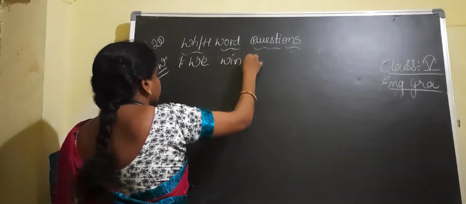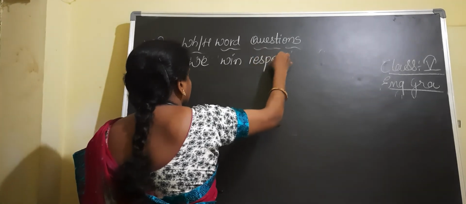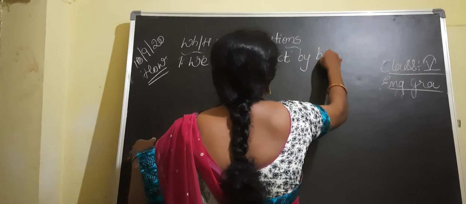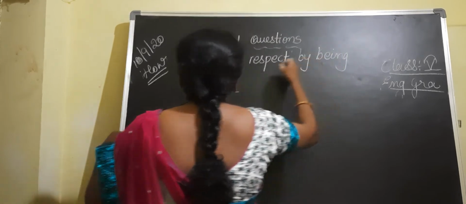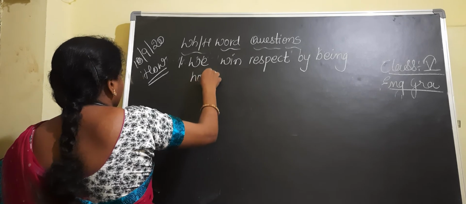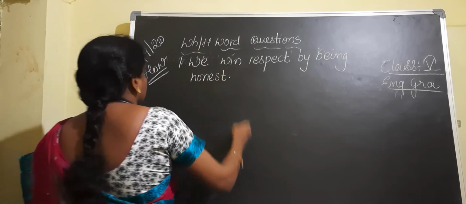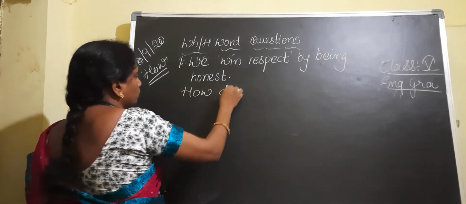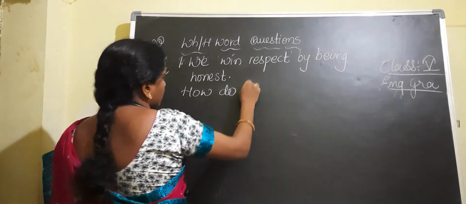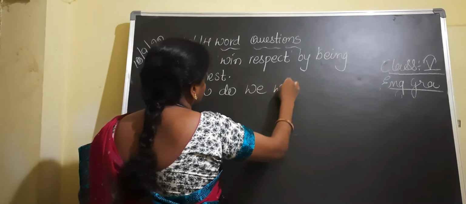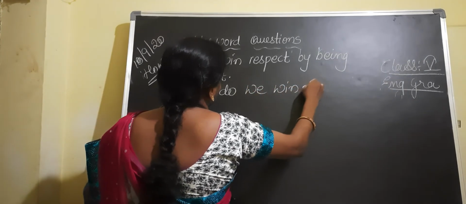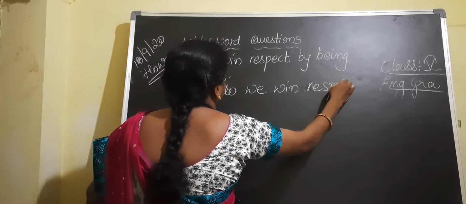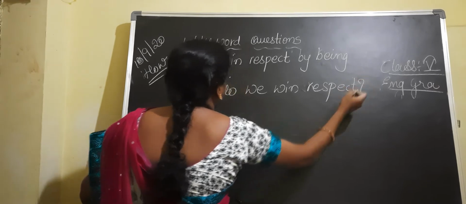We win respect by being honest. Okay children, now let us see. We have to start our question with how. Do we win respect? How do we win respect? How do we win respect?